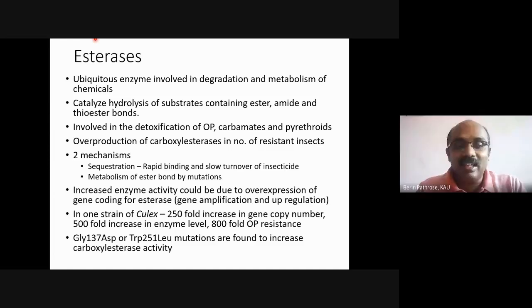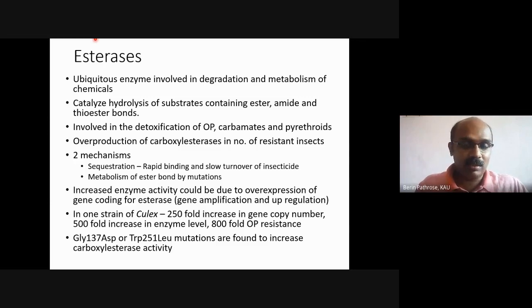Earlier, it was GLY, the abbreviation of the amino acid glycine. There is a universally accepted abbreviation for each amino acid. At the 137th amino acid, earlier it was glycine, and because of the mutation at the 137th position, now it's not glycine, now it's asparagine.